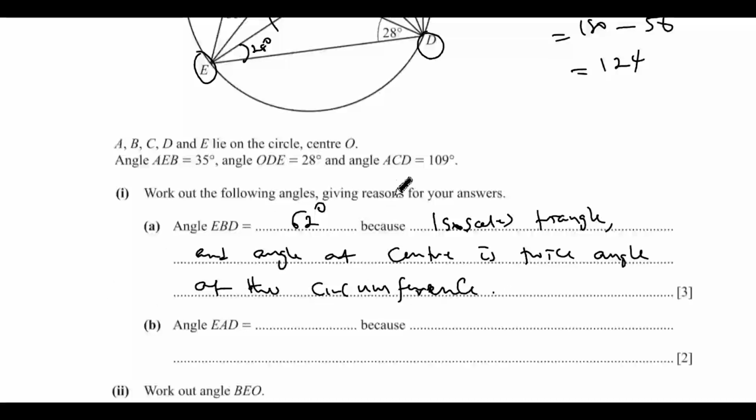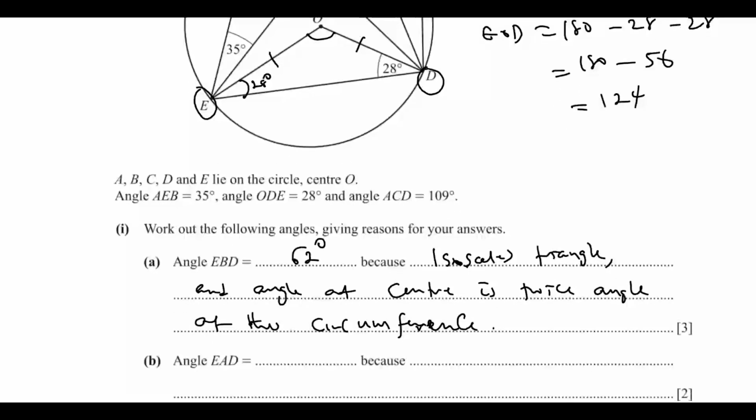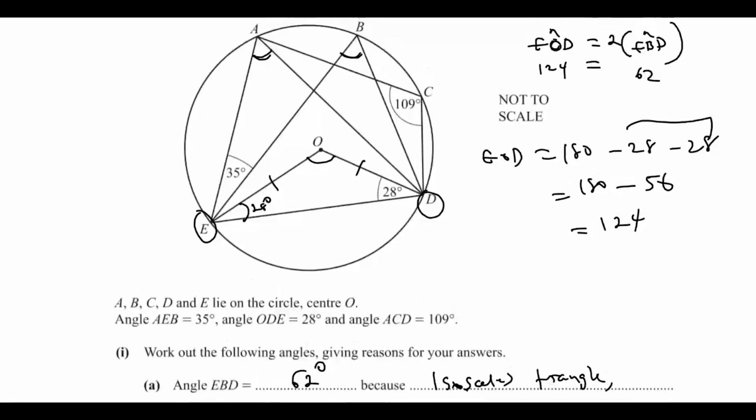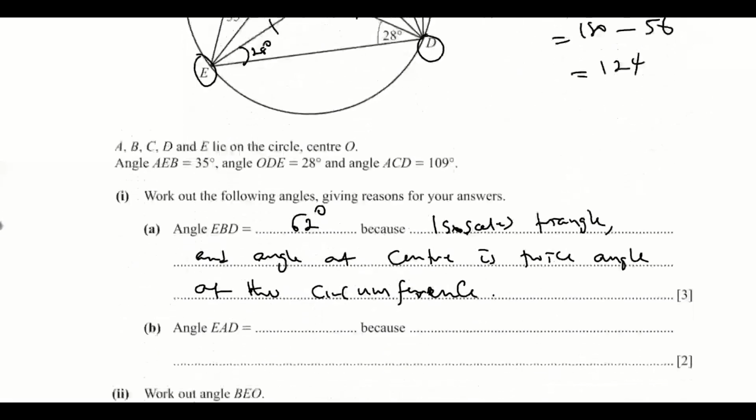So these are the two reasons we could get the value of angle EBD. So you have to put them there. This isosceles triangle made it easy for us to get this angle here, and from this angle at center we're able to get the required angle. So those are the reasons.